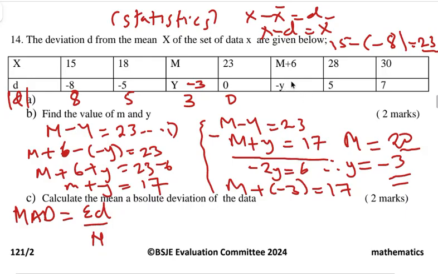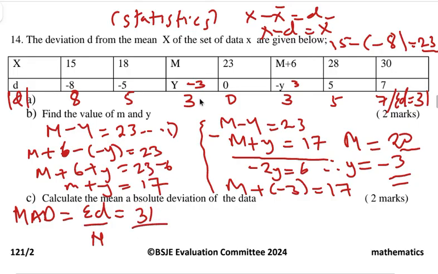So ikiwa negative y, tunamaanisha hapa ni 3, bado ni 3. 5 and 7. If you add this all, the sum of deviation should give you 8 plus 5, 13 plus 3, 16 plus 3, 19 plus 5, 24 plus 7 ni 31. So your sum of deviation should give you 31.